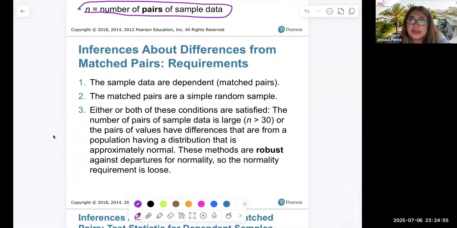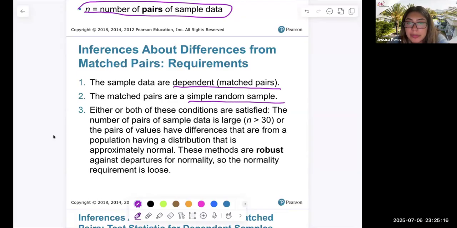What are the requirements for us to be able to successfully use the notation and identify that we have a matched pair situation? First, the sample data must be dependent or matched pairs. That's the first condition. The matched pairs are simple random samples.